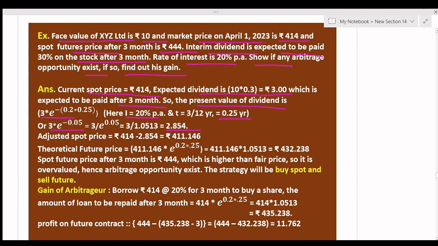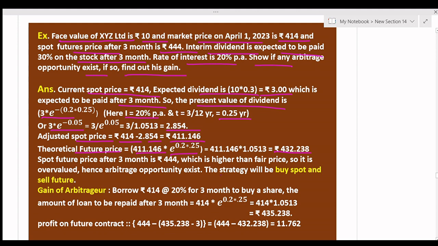Now adjusted spot price will be spot price minus dividend, that is 414 minus 2.854, which is equal to rupees 411.146. Next, you find out the fair price or theoretical future price after 3 months, that is equal to adjusted spot price into e to the power RT.